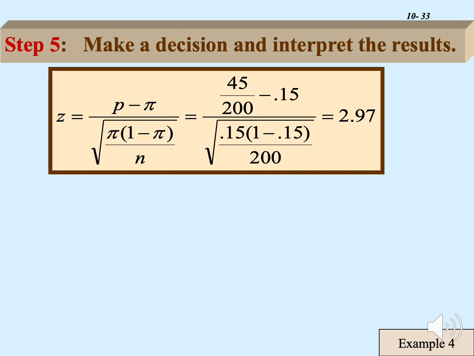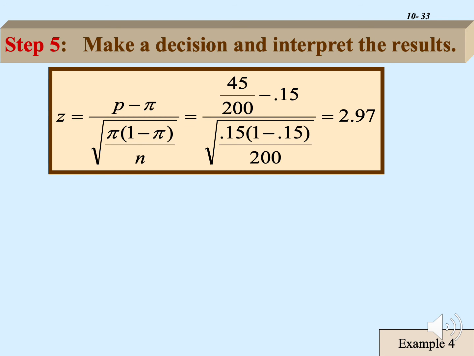So based on the sample problem, we have 45 out of 200. Okay, 45 out of 200 people responded with a pledge, minus the 0.15, that is 15% of the ones that pledge, so it's 0.15.